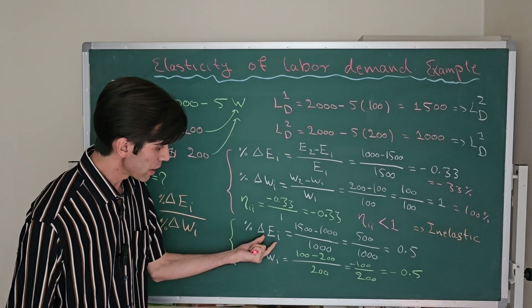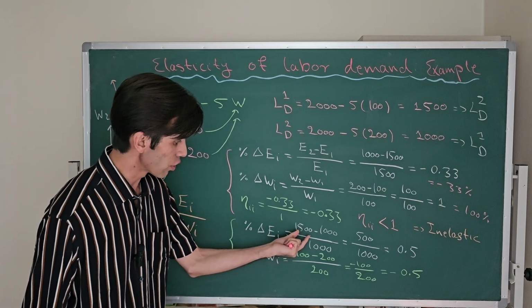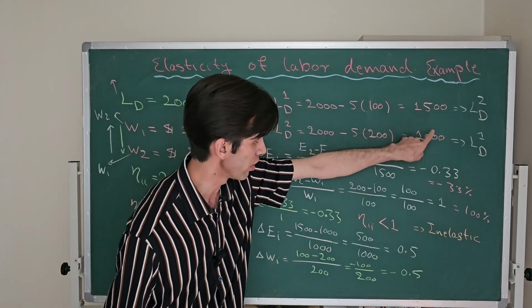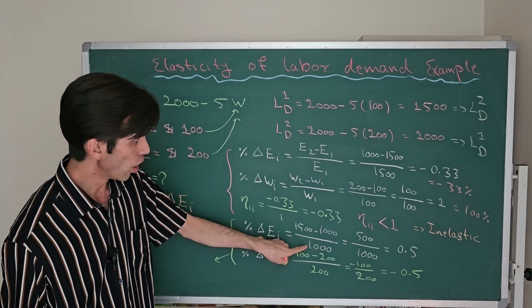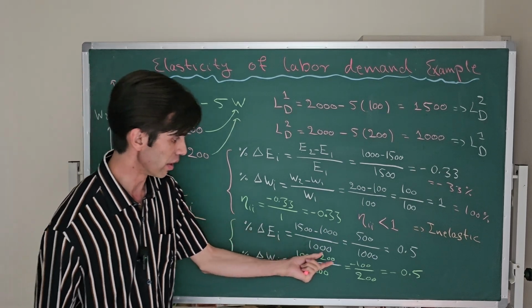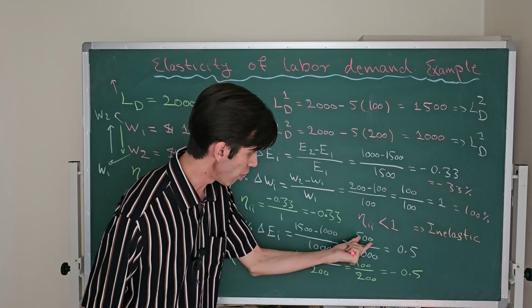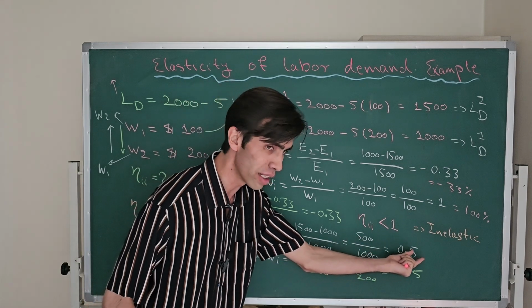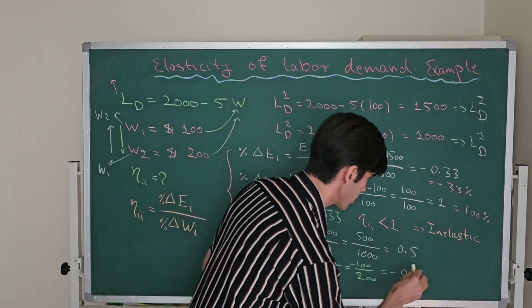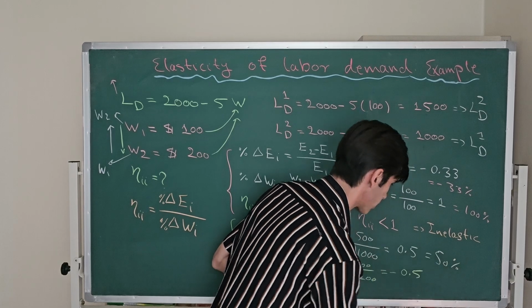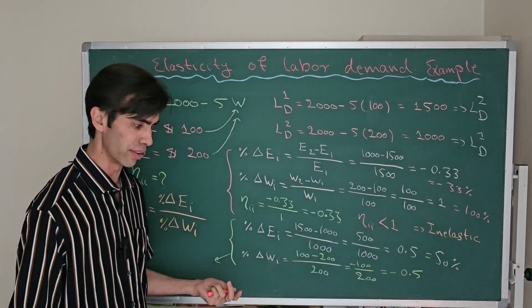So then the percentage change in employment will be equal to 1,500 minus 1,000 over 1,000, which is now the initial employment level, equal to 500 over 1,000, which is equal to 0.5. In terms of percentage, it will be equal to 50% if we multiply it by 100.